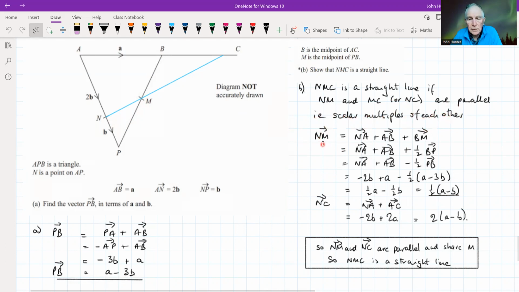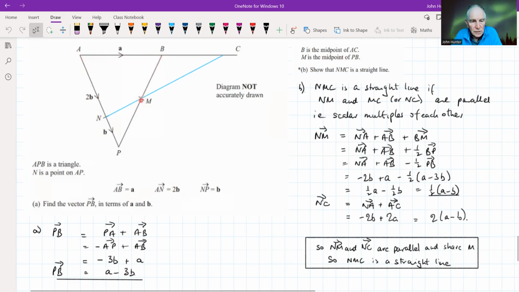Then NM, let's expand that out, equals, well, we've got a double expansion here, NA plus AB plus BM, right? Because I'm looking at how we are going to do NM. Well, we don't know this directly, but if we can track along this circuitous route for getting from N to M, we certainly know NA, we know AB.